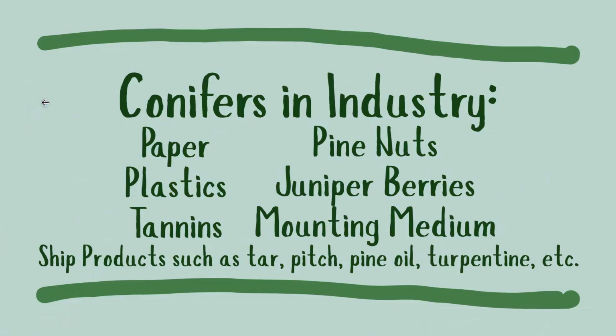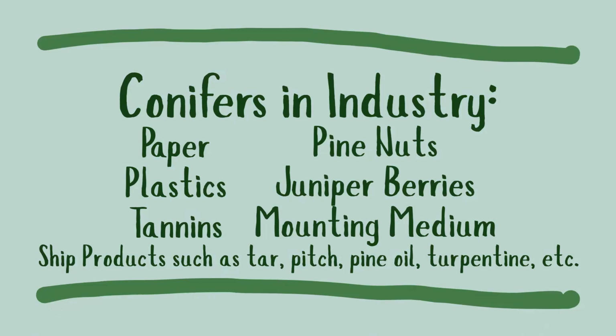Conifers and industry. We do have, like I mentioned, floors in construction, which perhaps was not the greatest idea ever, but you do have them for construction projects. It did say that you can make paper out of them. There are certain types of plastics where you can derive chemicals from the trees and use those to make plastics.